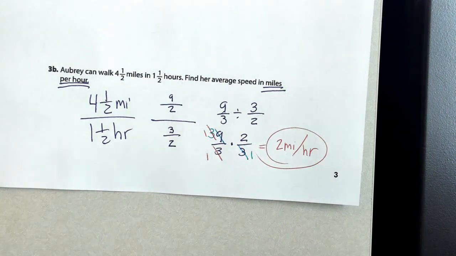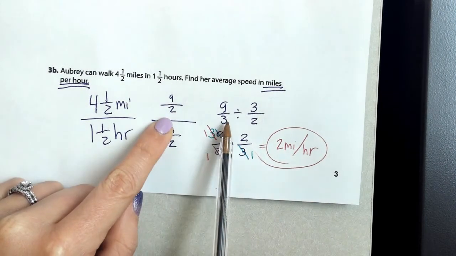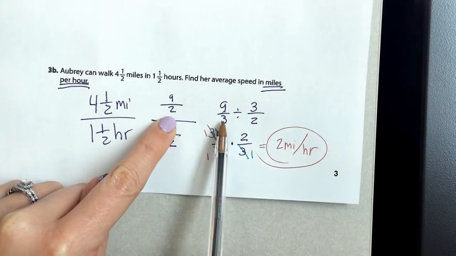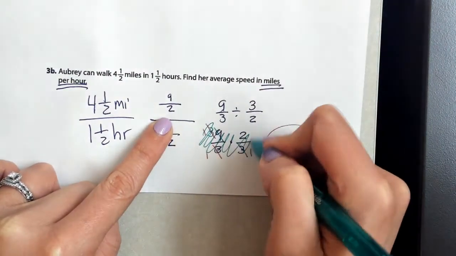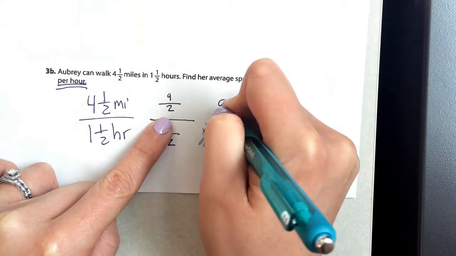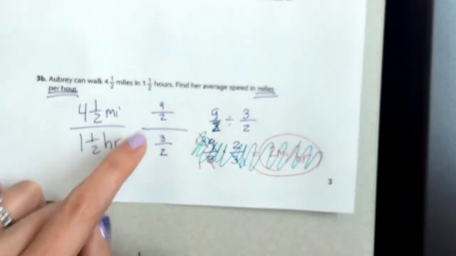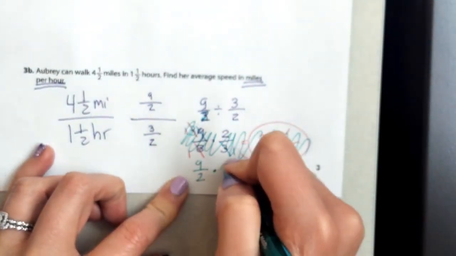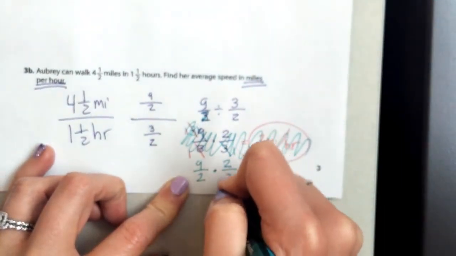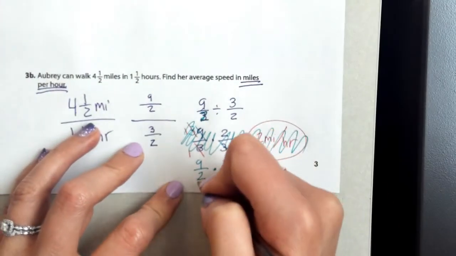And that doesn't sound right to me. It's like, okay, that's not what we got in class when we did it. And the reason is I accidentally wrote the wrong number here. So that should have been a 2. Alright, so then when we do keep, change, flip, there is something that simplifies, but it's not what I had simplifying before.